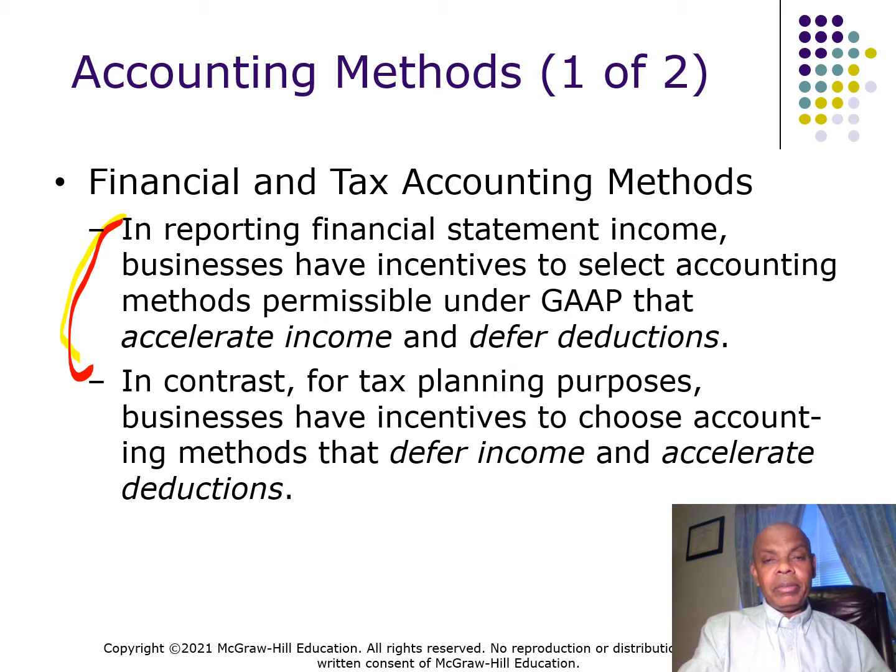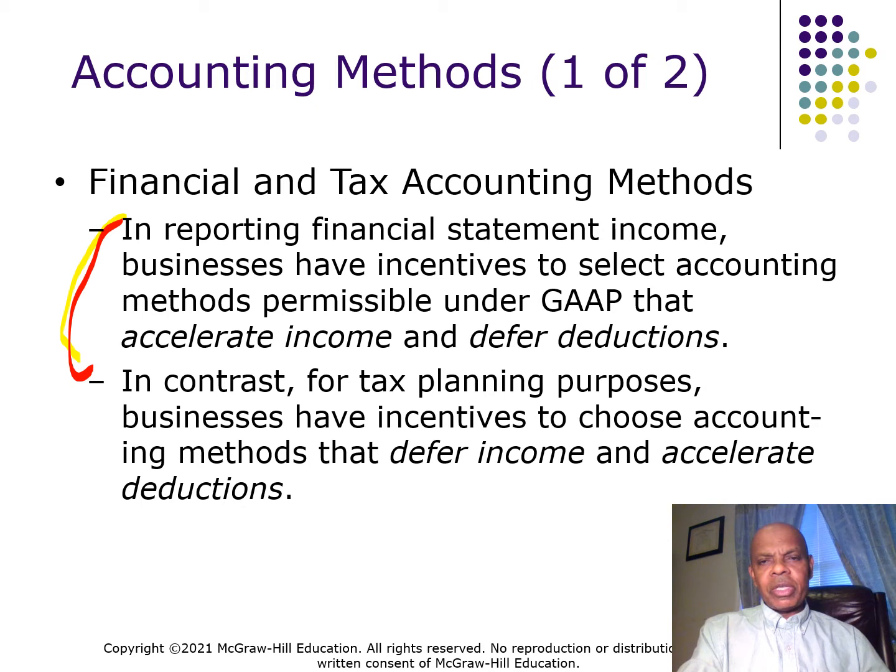On the other hand, they want to defer deductions. When you defer a deduction, you push it forward to the next year. The deduction is not there this year when it's supposed to be, or vice versa. So what happens when you don't deduct expenses that are deductible? For financial accounting purposes, you have higher income.